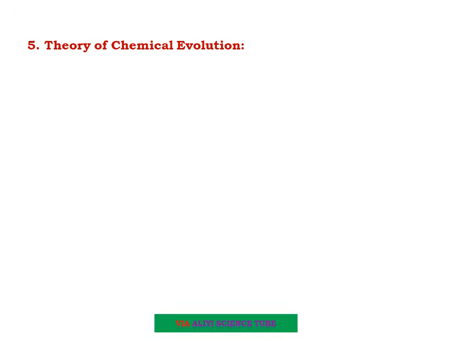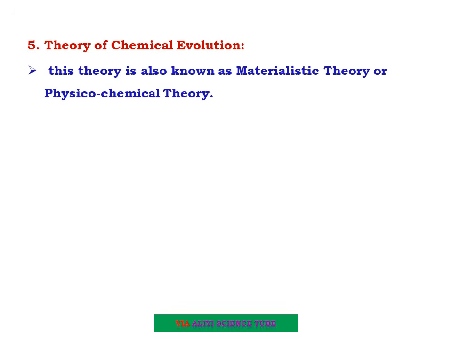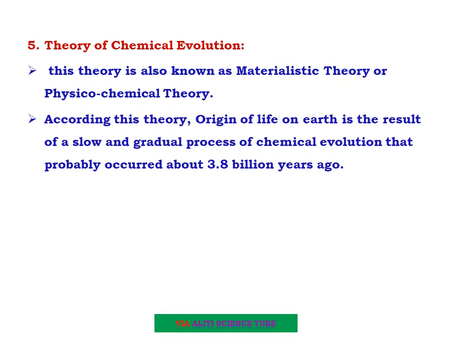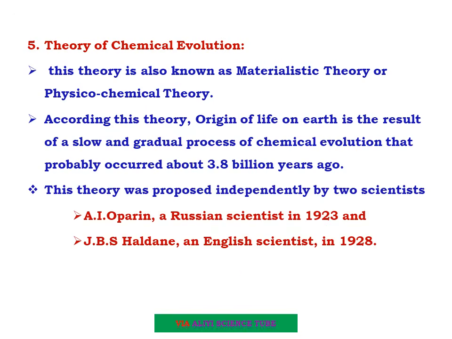The fifth one is the theory of chemical evolution. This theory is also known as the materialistic theory or physico-chemical theory. According to this theory, the origin of life on the earth is a result of a slow and gradual process of chemical evolution that probably occurred about 3.8 billion years ago.